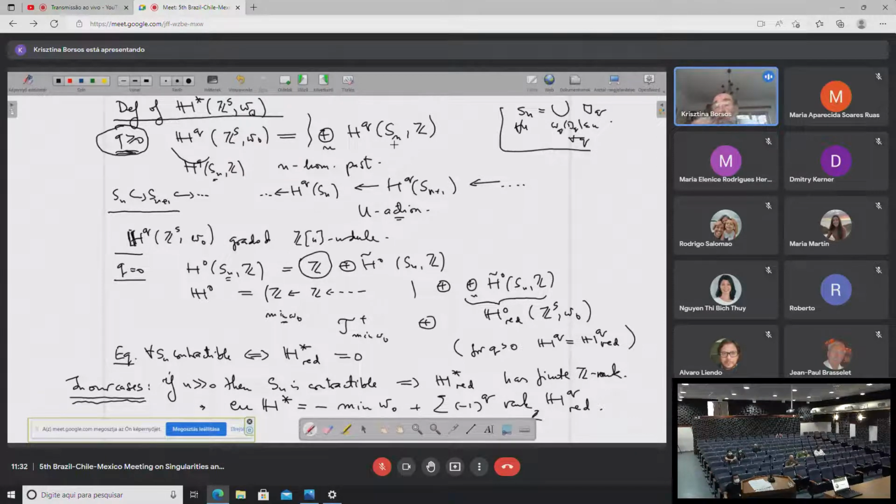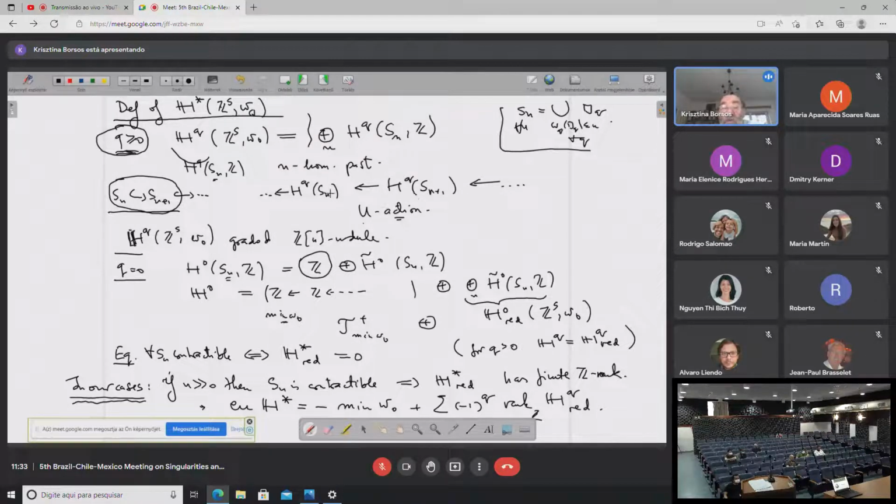And actually, I have a U action, as is usual in gauge theory. Sn is a subspace of Sn plus 1, and this gives a cohomological restriction map from the n plus 1 grading to the n grading.